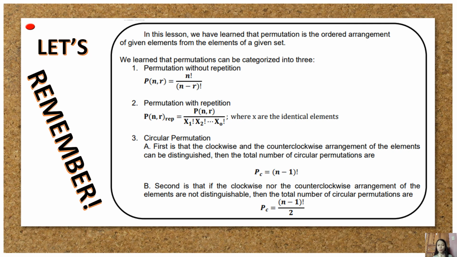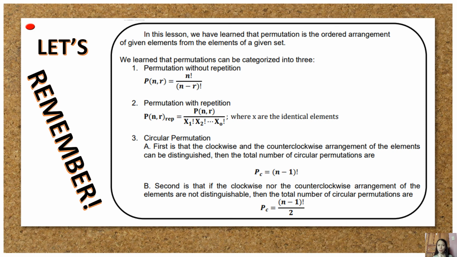While permutation without repetition, with the use of the formula P of n r, or the permutation of n taken r, is equal to n factorial over the quantity n minus r factorial.